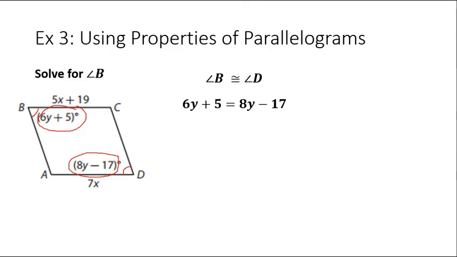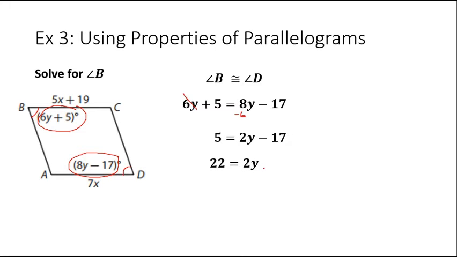So we substitute here. So I'm going to subtract 6y first from both sides. I'm going to get 5 equals 2y minus 17. So I subtract 6y, and this one goes away. And I'm going to add 17 to both sides.